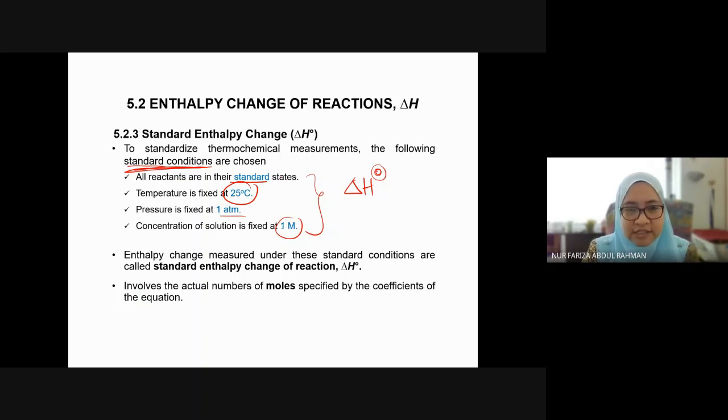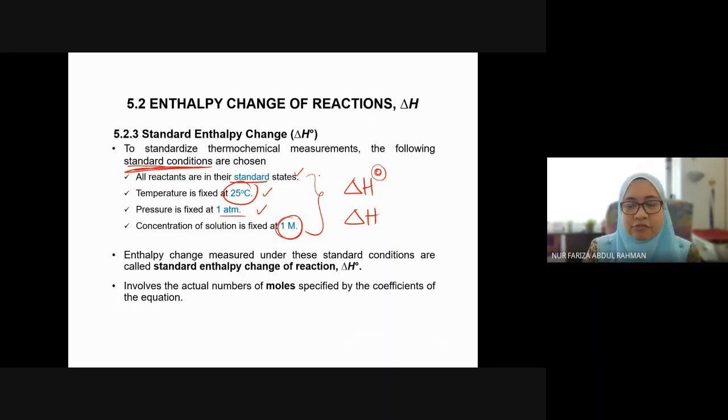If any of this is not complied, then kita hanya boleh pakai this one sahaja, without the not. Okay, normally memang tak standard lah. But this one, kalau involve solution, dia tak semestinya 1 molar. So kadang-kadang kita 0.5 molar ataupun 2 molar kan. Then it's no longer standard.